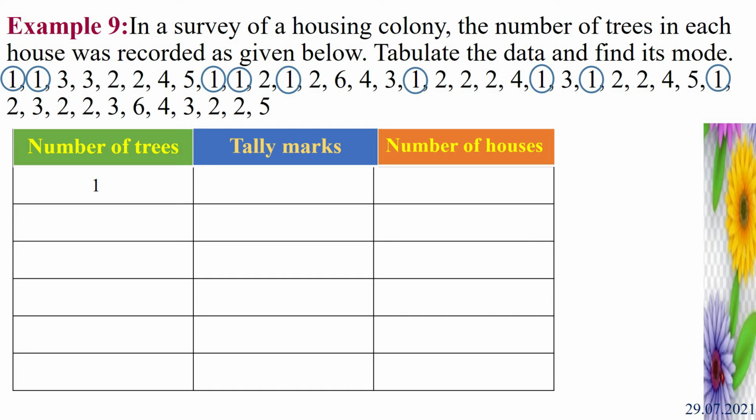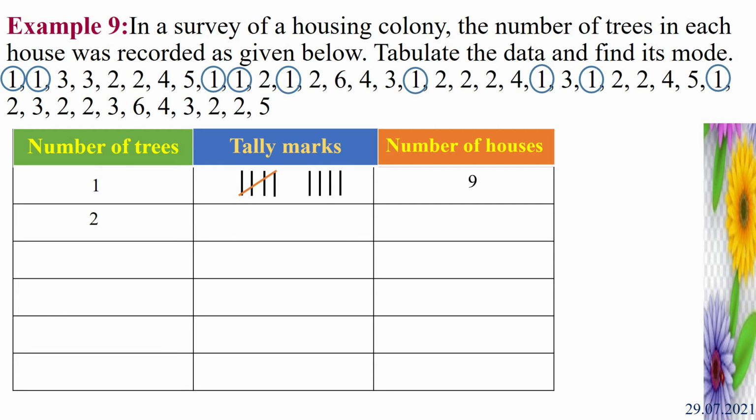For 9, we group the first 5: the first 4 lines are drawn and the fifth line is crossed from the top right to the left bottom, like this. So one group is equal to 5. The next 4 are arranged like this: 1, 2, 3, 4. So total number of houses having one tree is 9.